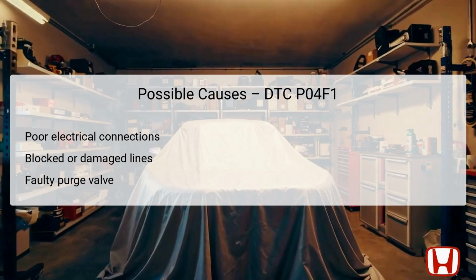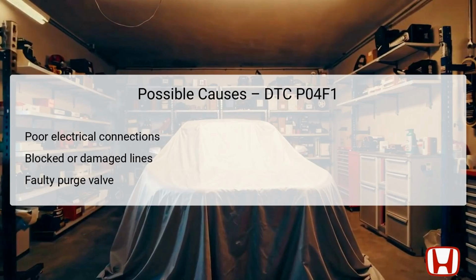Several factors can contribute to the triggering of DTC P04F1. First, poor electrical connections can create effective interruptions in the communication between components such as the FTP sensor and the engine control module, ECM. Any issues with loose or corroded terminals may disrupt function.